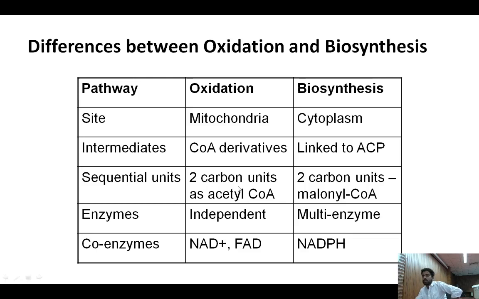In oxidation, a 2 carbon unit, acetyl coenzyme A, is released in each cycle, and in biosynthesis the 2 carbon unit comes from malonyl coenzyme A. In oxidation, the enzymes are independent; in biosynthesis it is a multi-enzyme complex. The coenzymes important in oxidation are FAD and NAD plus, and in biosynthesis NADPH. And we had seen the sources of NADPH also. So that's it for today.